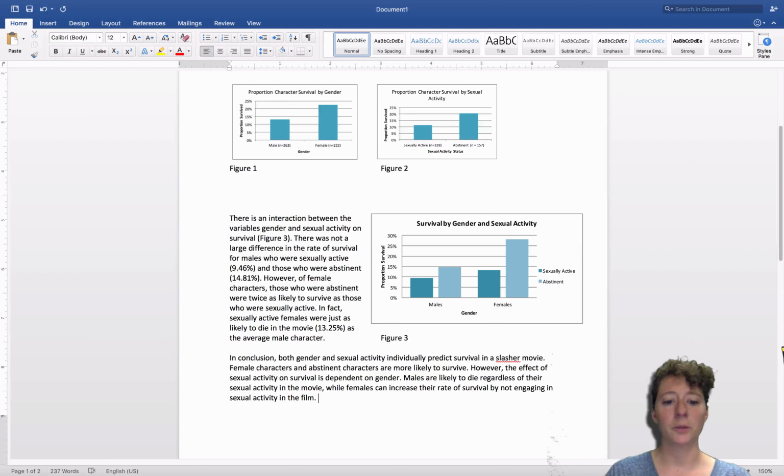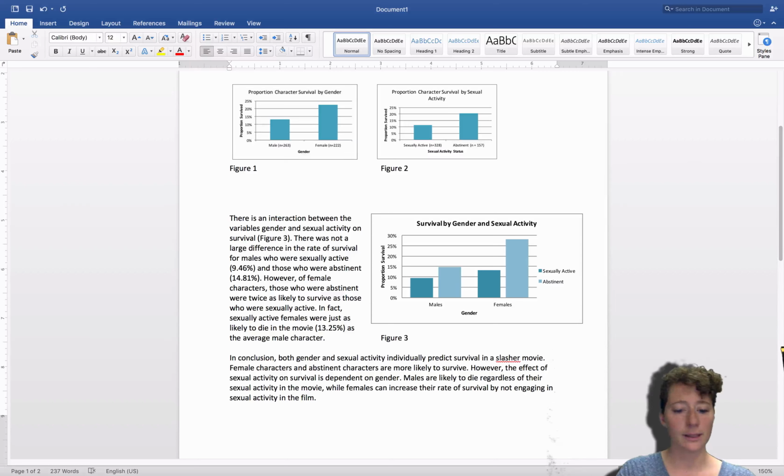Lastly, we want to end with a concise sentence that just summarizes all of the findings into something easily digestible for the reader, something relevant to the original question.